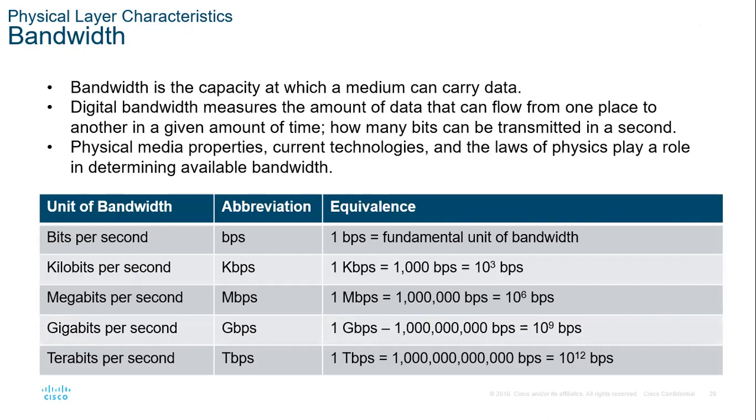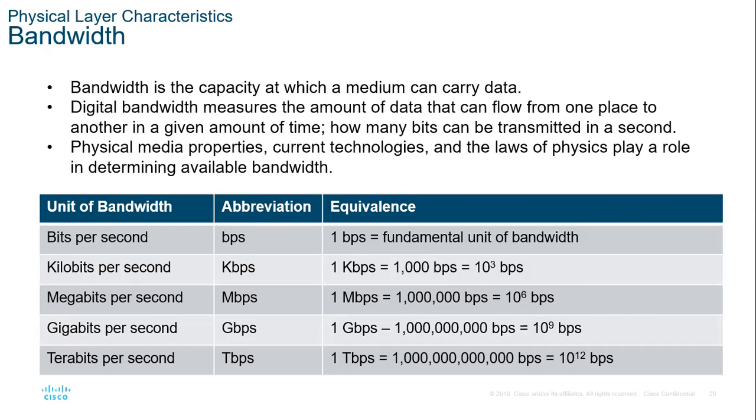Bits per second, bps. 1 bps is equal to 1 unit of bandwidth. Kilobits per second, kbps. 1 kbps equals 1000 bps, equal to 10 power 3 bps. Megabits per second, mbps. 1 mbps equals 10 power 6 bps.